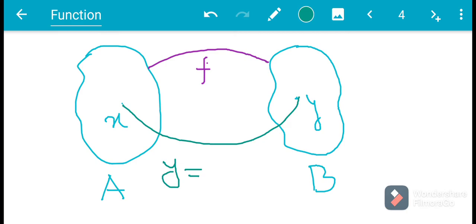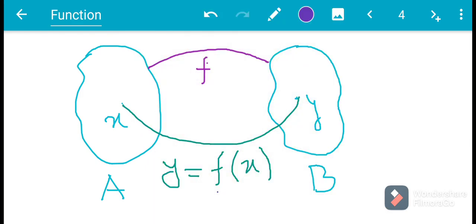Basically, if you are a student of mathematics honors in BSc, a function giving only a real number is not the case. In higher secondary it is okay, but it is not the case with functions at the BSc or graduation level. So f of x is a quantity. It could be a matrix, a vector, a polynomial, anything.